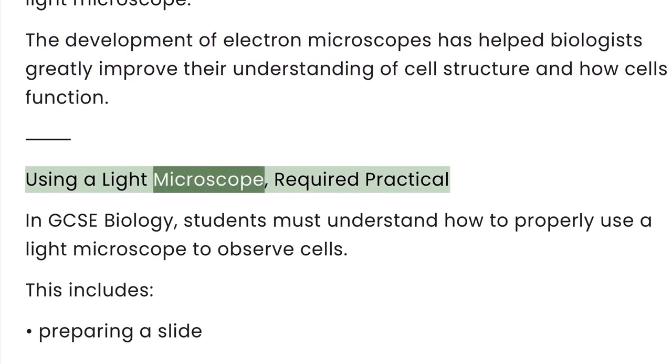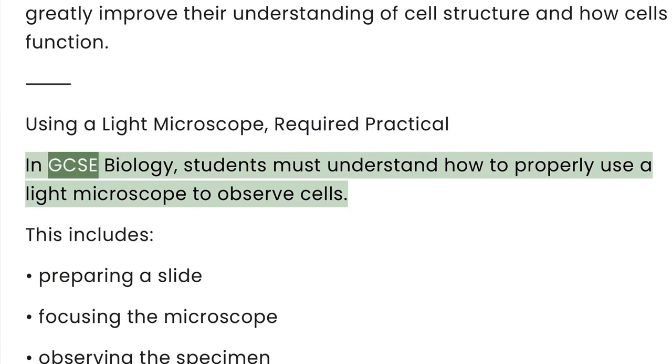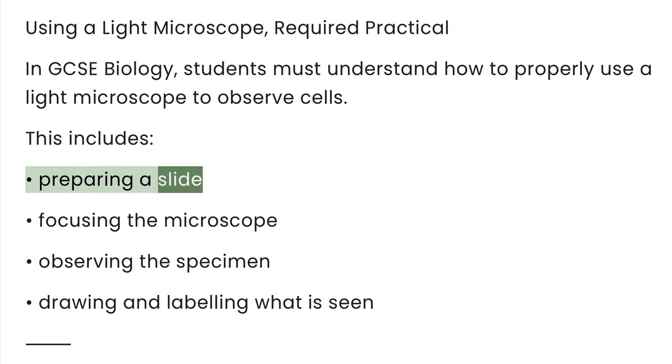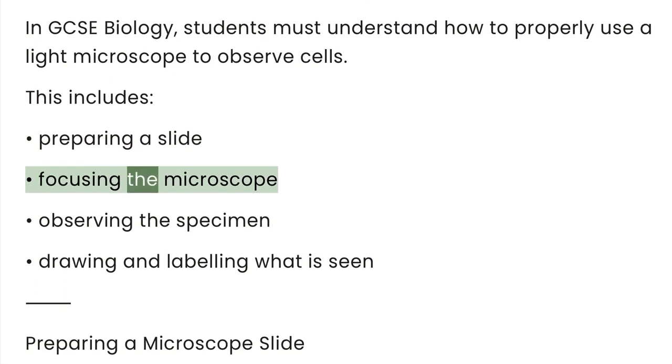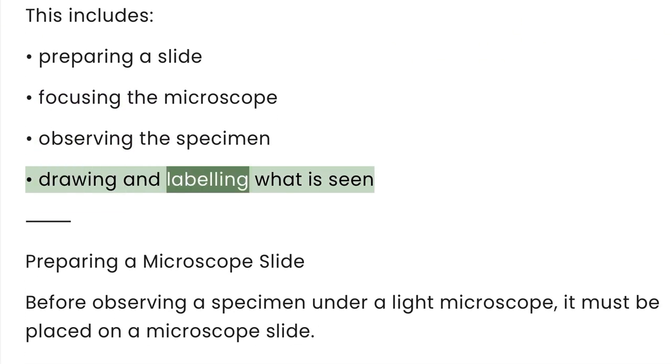Using a light microscope required practical. In GCSE Biology, students must understand how to properly use a light microscope to observe cells. This includes preparing a slide, focusing the microscope, observing the specimen, and drawing and labeling what is seen.